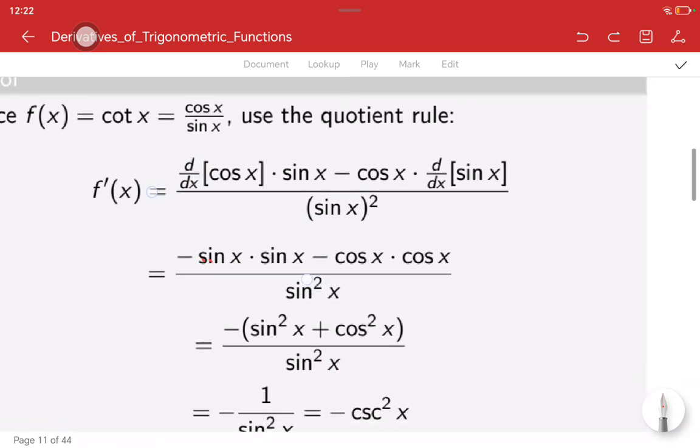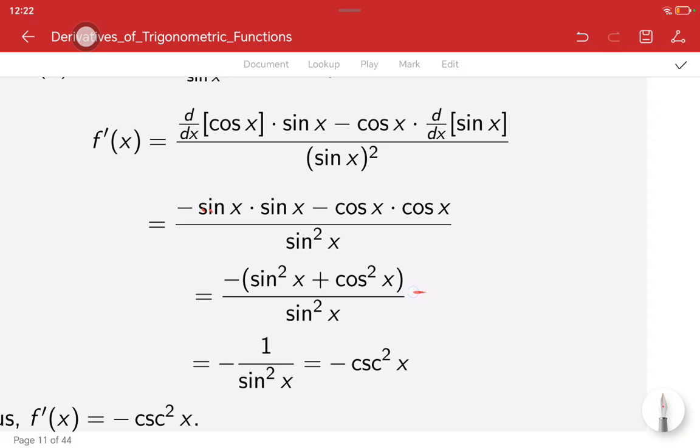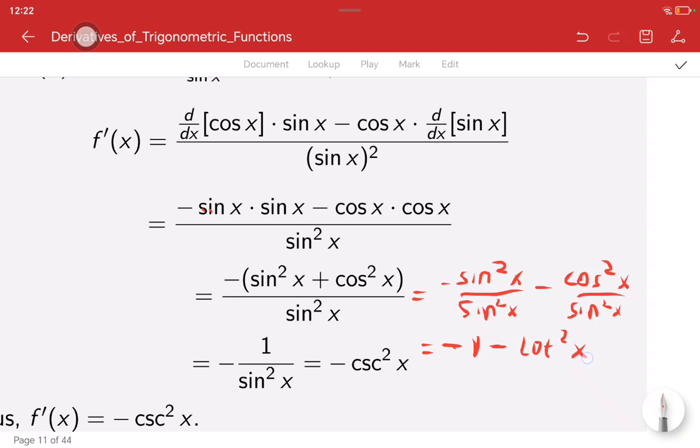Or if you want, you can just divide this. You are going to have minus sin squared x all over sin squared x minus cos squared x all over sin squared x, which would be minus 1 minus cot squared x.